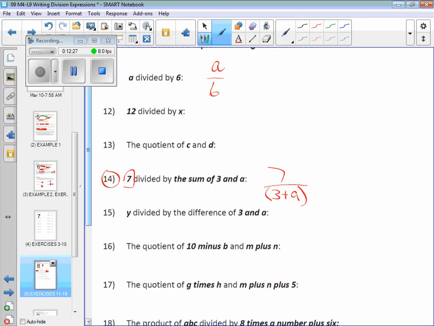First of all, if I tell you A is 10, what does the bottom become? Okay. 7 over 13, which is 7 13ths. Leave it a fraction, 7 13ths. Okay?